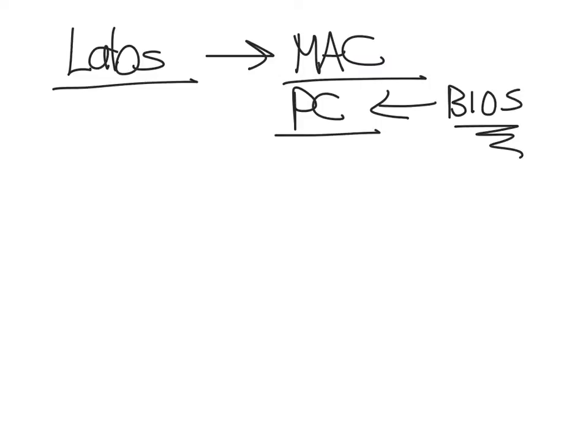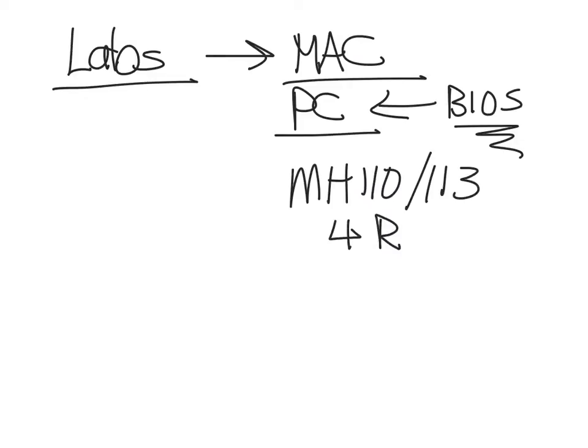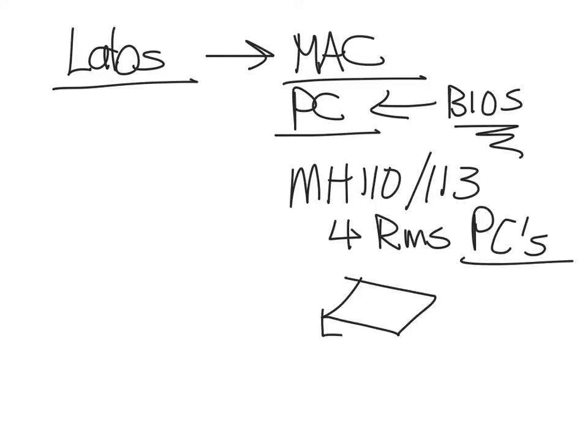We had in MH-110, 113, 4 rooms that had a variation of PCs in them. There was all-in-ones, there were small PCs, there was small footprint, and regular towers, and so forth.